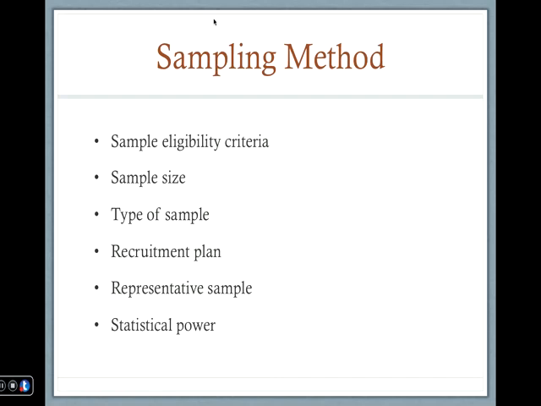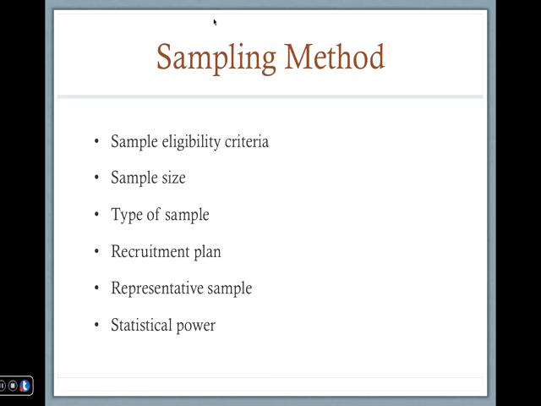Again, we're going to be looking at the type of sample and the recruitment method. If I just stand outside on Mondays and hand surveys out to students that walk into the student center, that's not going to be a very effective recruitment plan, because what about the students that never come to the student center, or that don't have class on Monday, or take online classes and don't come to campus at all?